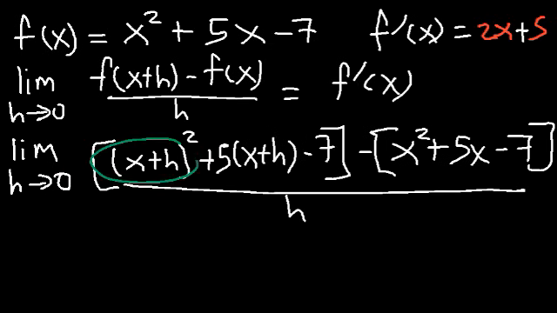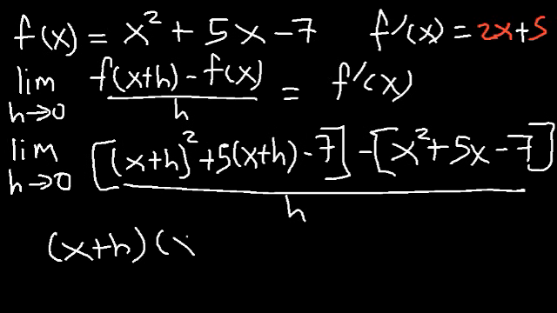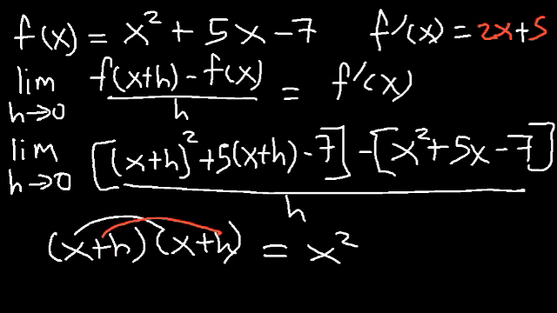So we need to FOIL this expression. X plus h times x plus h. This is equal to x times x, which is x squared, and then x times h, which is xh, h times x, that's also xh, and then h times h is h squared.